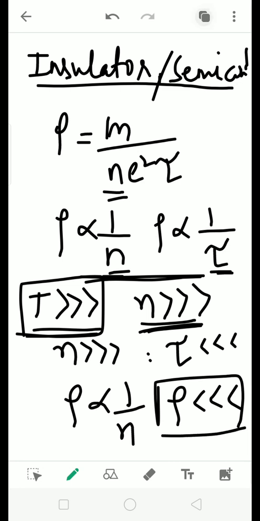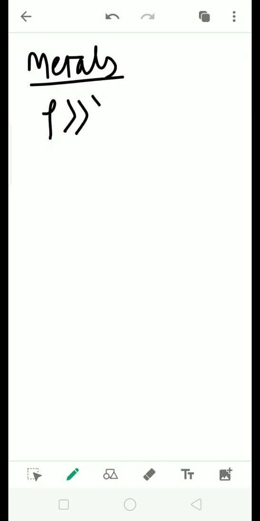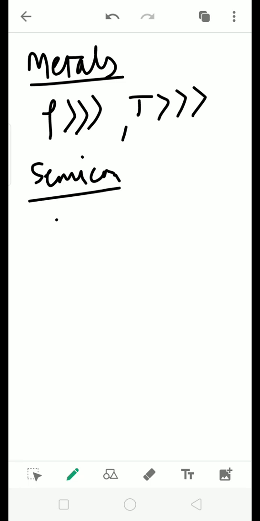So we came to know that for metals, resistivity increases with the increase in temperature, whereas for semiconductors, resistivity decreases with increase in temperature.